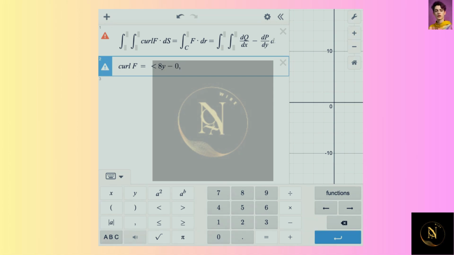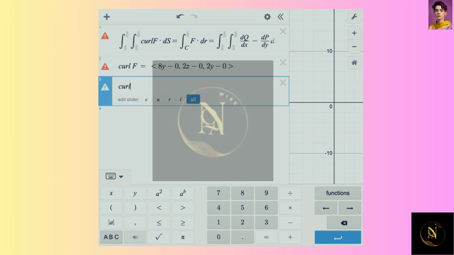And then looking at the curl formula, we get 2z minus 0, and then 2y minus 0. So the curl of F is equal to the vector 8y, 2z, 2y.